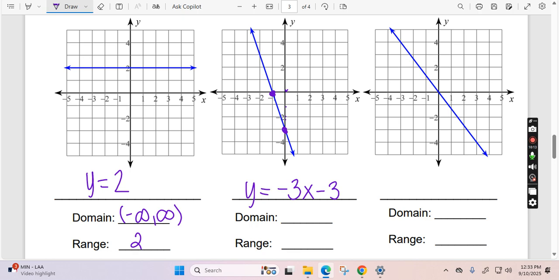Okay, so what are my domain and range? -infinity to infinity, and the same for range. So it's the same for both. Now let's look at the last one. Let's find 2 perfect points, so somebody tell me what they are.